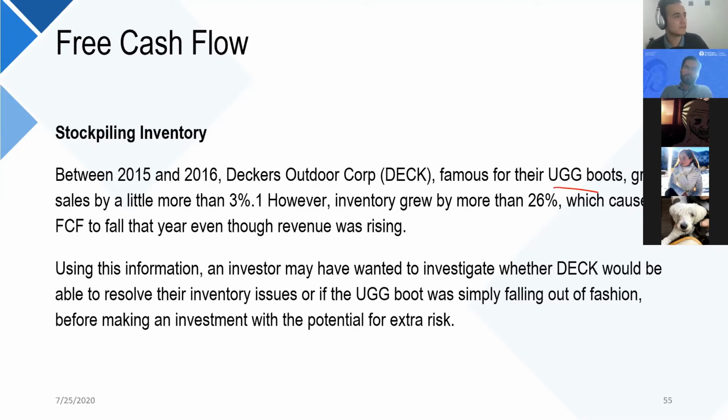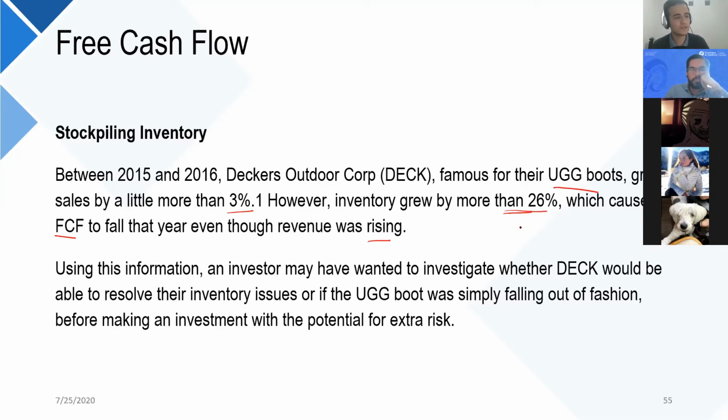In this example, the company grew the sales of that product by 3% each year. However, the inventory grew more than 26%, which caused free cash flow to fall that year, even though revenue was rising. What this means is that the company was selling a lot of these boots, but they also showed an increase in their inventory.